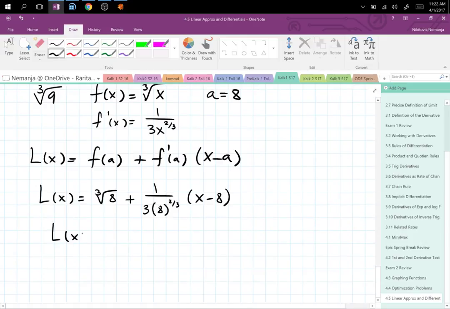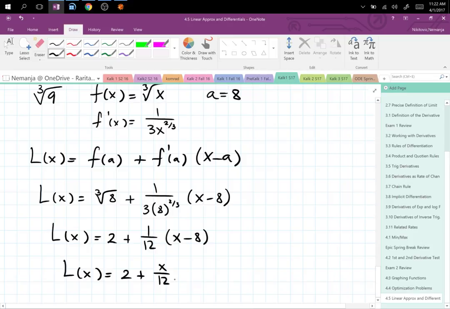And now simplify. 2 plus 1 over 12 times x minus 8. It has 2/3, so the third is the cube root of 8, which is 2. Square that is 4, times 3 in front is 12.